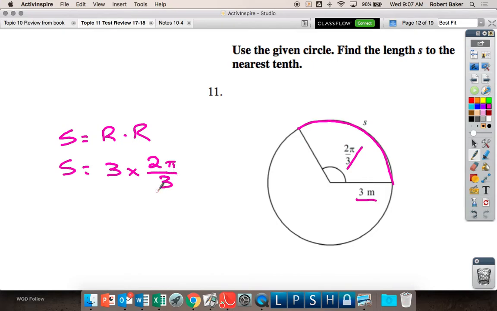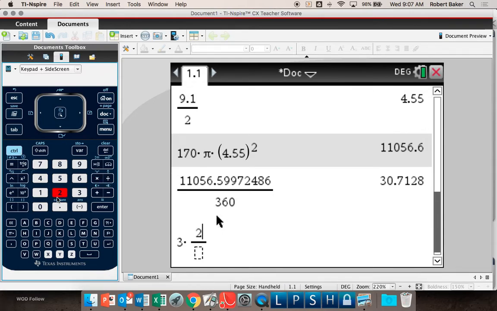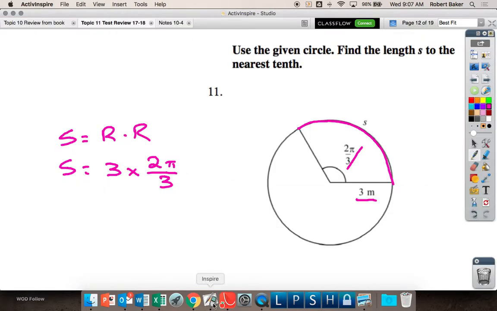If you type that in your calculator, it gives you the length of that line. Radius times radians, 6.28. What is 6.28 would be 6.3.